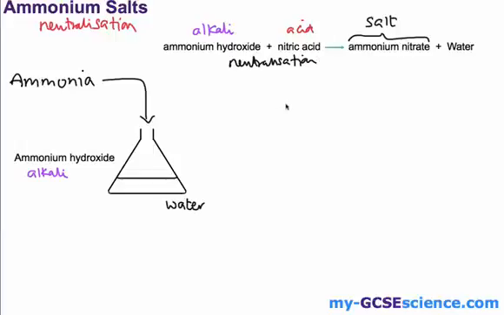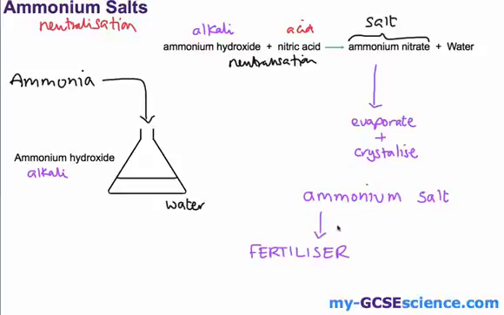Now ammonium nitrate is a very useful substance because we can evaporate this whole solution down. We can evaporate and crystallize, as shown before in a previous video. But once we evaporate and crystallize, we have crystals of ammonium nitrate, and these are very, very useful for fertilizer. So we have an ammonium salt, and we use those as fertilizer.